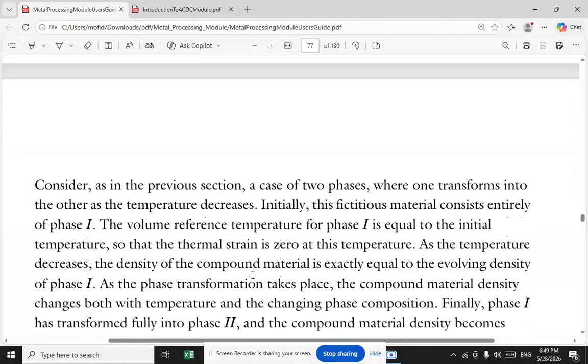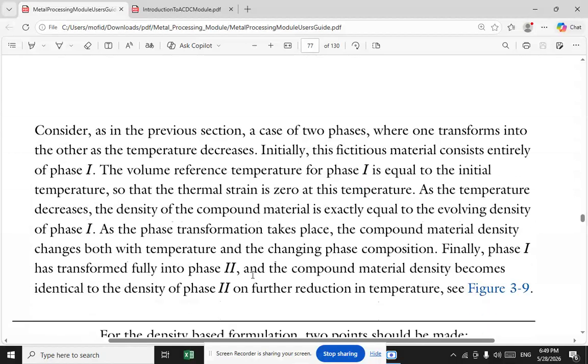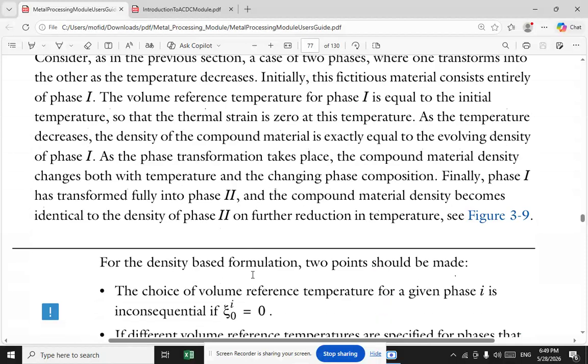As the phase transformation takes place, the compound material density changes both with temperature and the changing phase composition. Finally, phase 1 has transformed fully into phase 2, and the compound material density becomes identical to the density of phase 2 on further reduction in temperature.